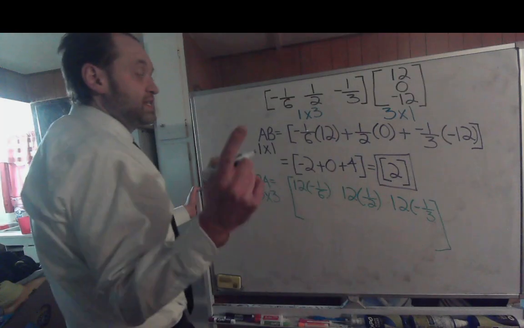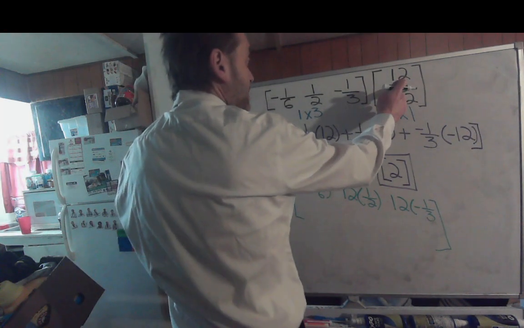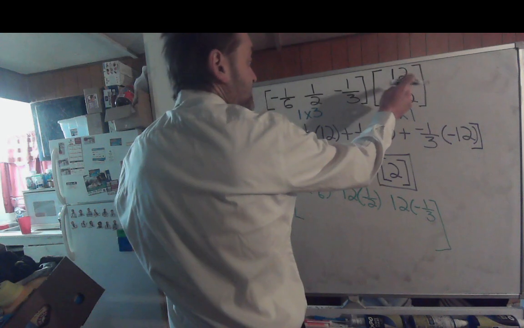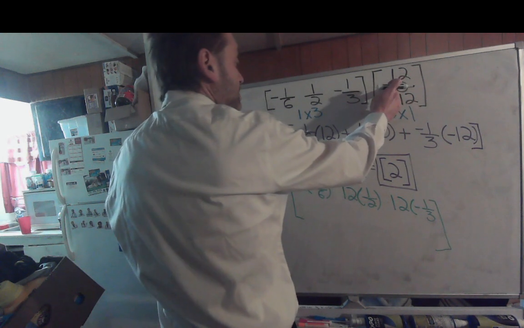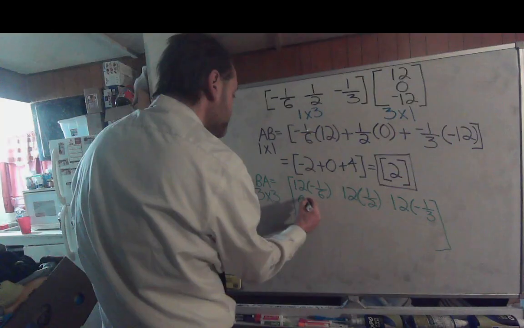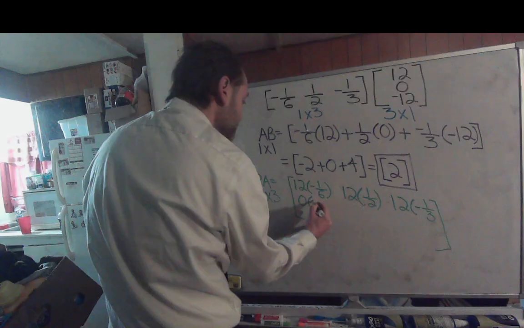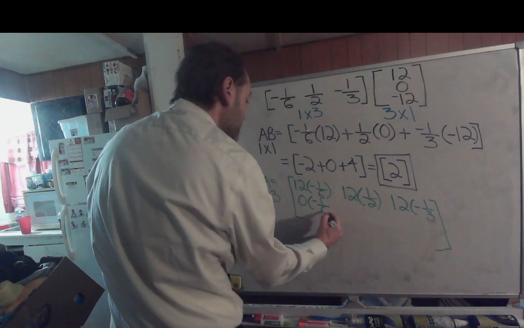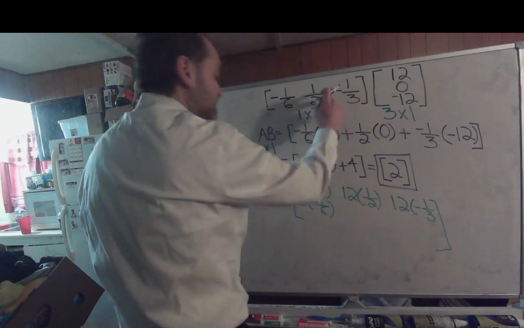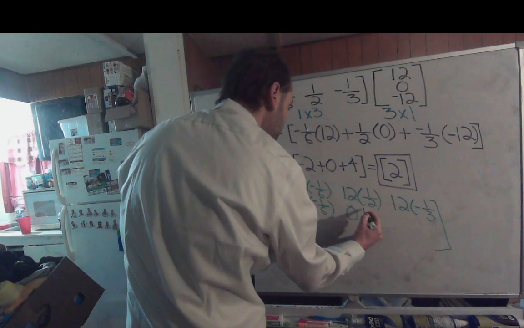Now you're going to take the second number in the column, which would be 0, times the first number in the row, which would be negative 1/6. And then separately, you'll have 0 times 1/2.